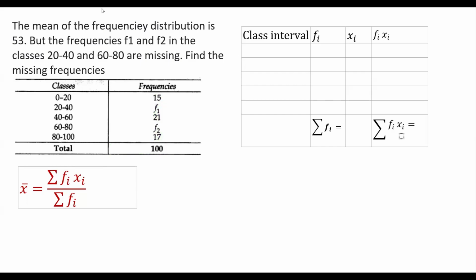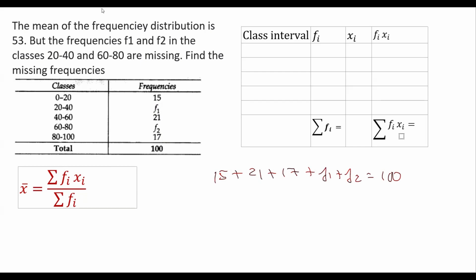So as equation number one, I can say it is 15 plus 21 plus 17 plus f1 plus f2, which should give you 100. Adding these values, we get 53.